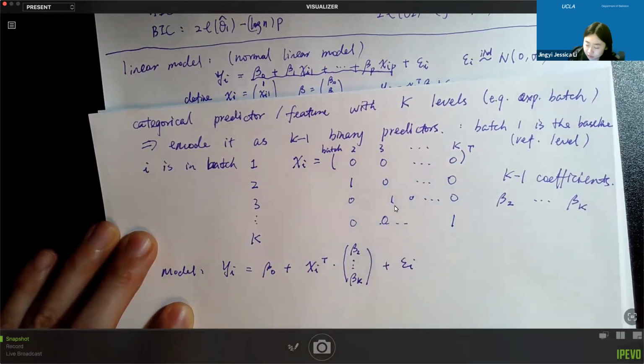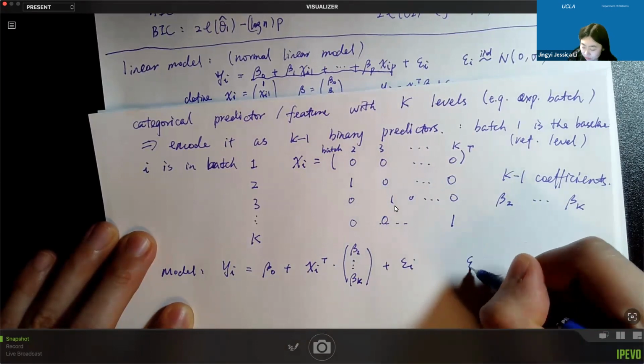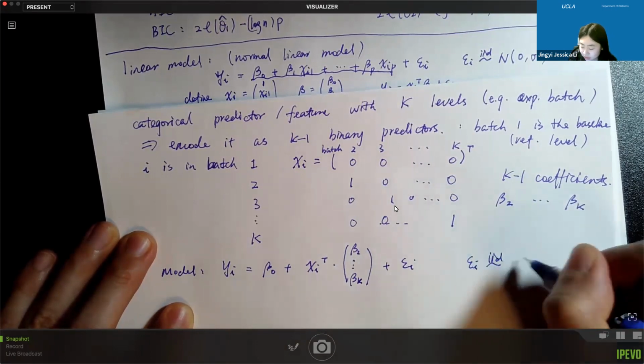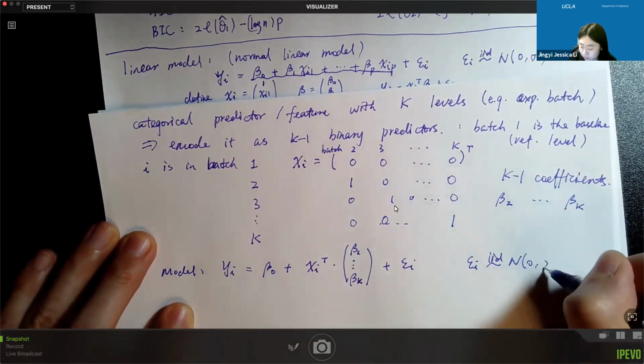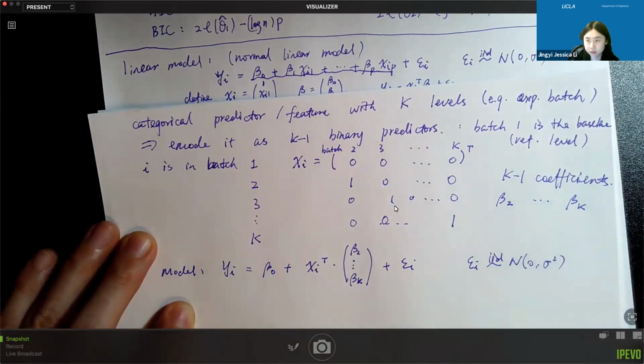Since this is a linear model, the random error terms are IID normal, zero mean, variance sigma squared.